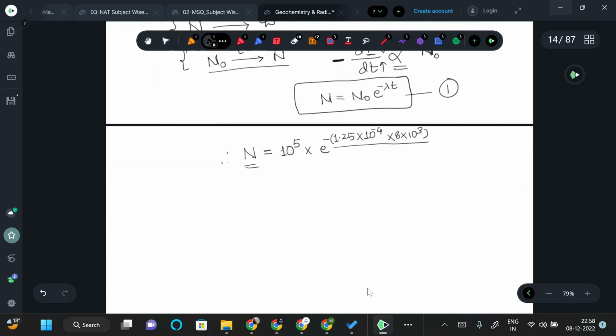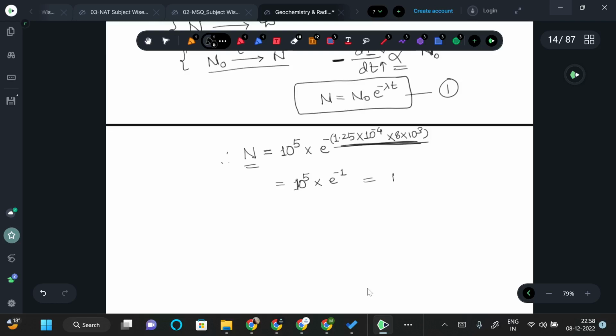So now here what are you getting in e to the power terms? It would be e to the power minus 1. If you calculate this particular bracket, it will come out to be 1. So it will be e to the power minus 1.